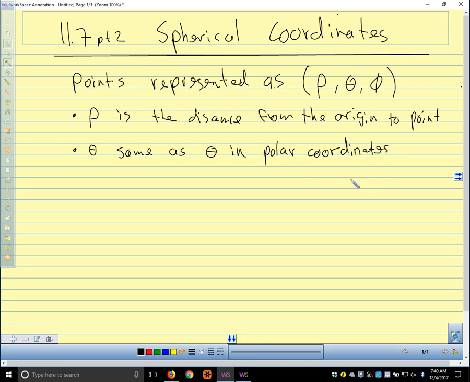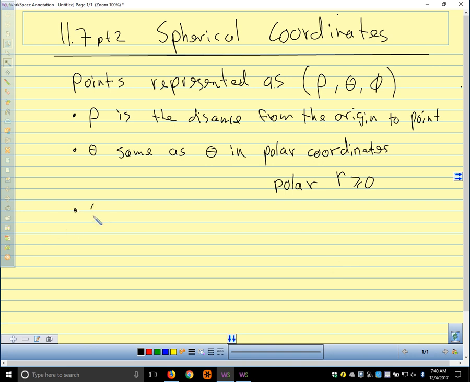And cylindrical coordinates. And in this case, in spherical coordinates, we're going to say that our polar r is greater than or equal to 0. So we're not going to have negative radii in spherical coordinates.